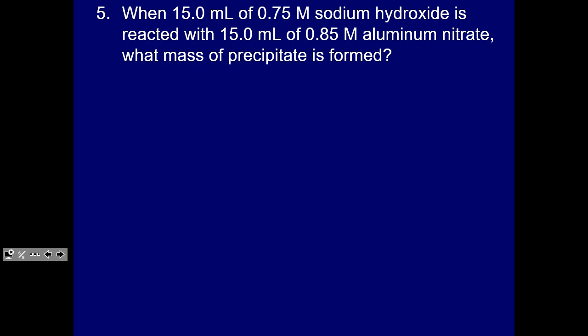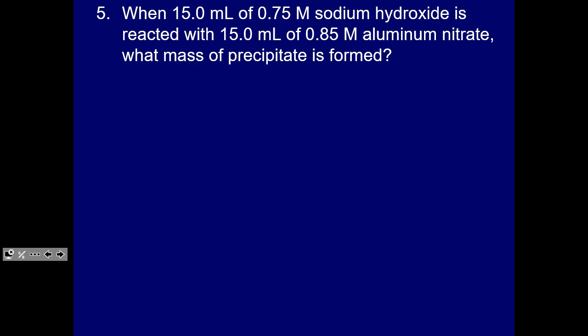So here I've got two solutions reacting, and I've got all the information for both. So that might get you thinking about what type of question this is. This one's a little evil in that I'm expecting you to know the type of reaction and then how to determine the precipitate.